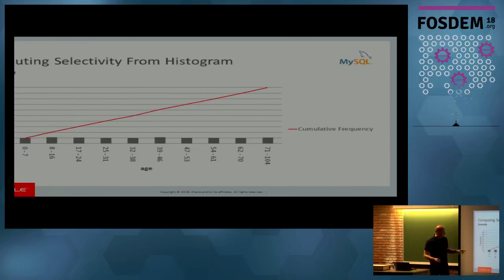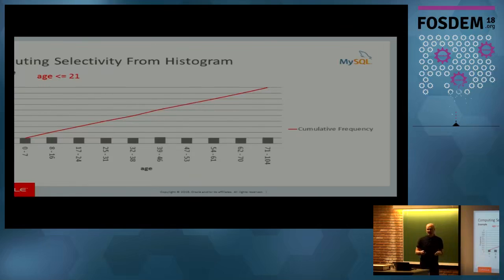And most of them are about 7 or 8 years in each bucket, except the last one, that for natural causes is a bit wider in range. And for each bucket we have stored the cumulative frequency.